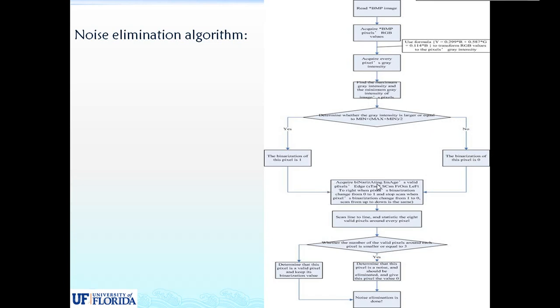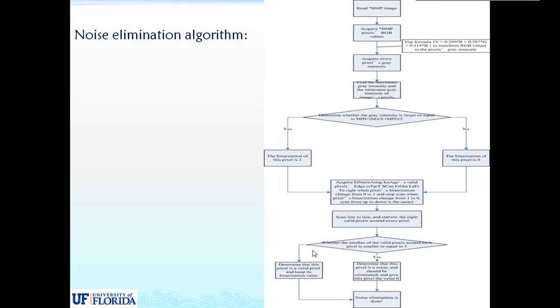And we can acquire the binarization image's valid pixel edges, which we also call boundaries. And then we scan line by line and count the 8 valid pixels around every pixel. And then we determine whether the number of valid pixels around each pixel is smaller than or equal to 3. If yes, we determine this pixel is noise information, and it should be eliminated and given the value 0.